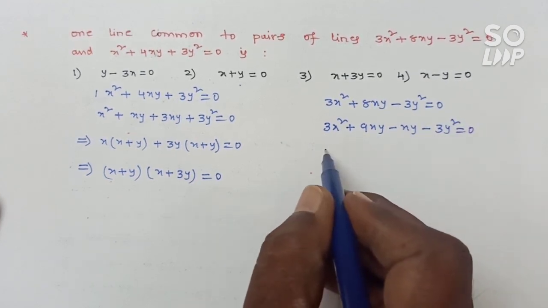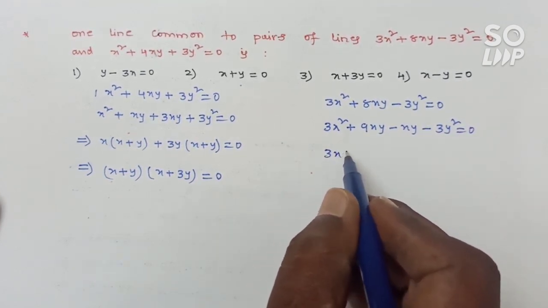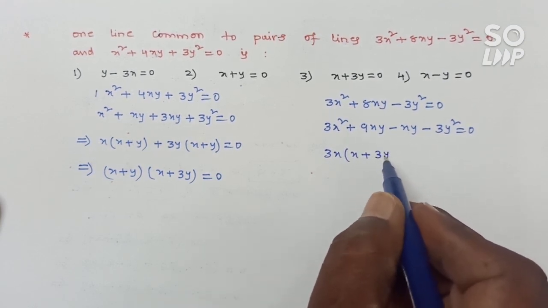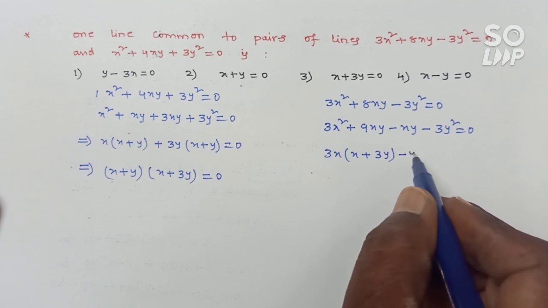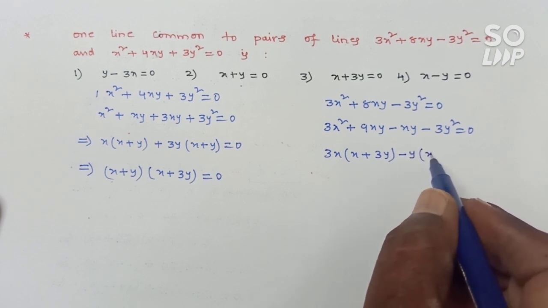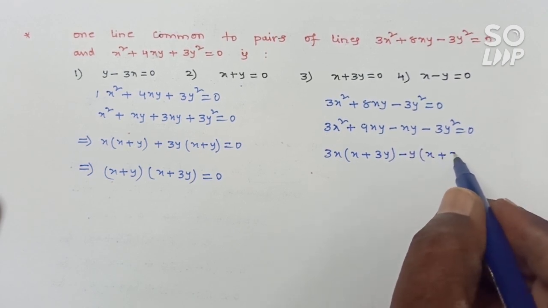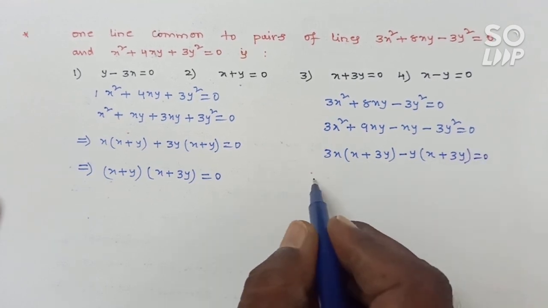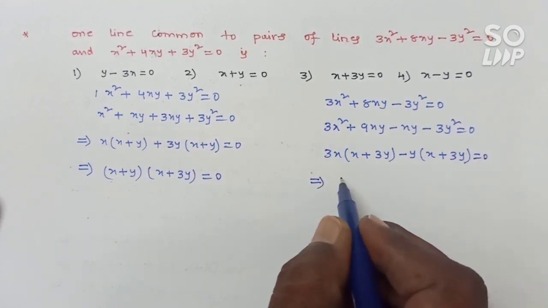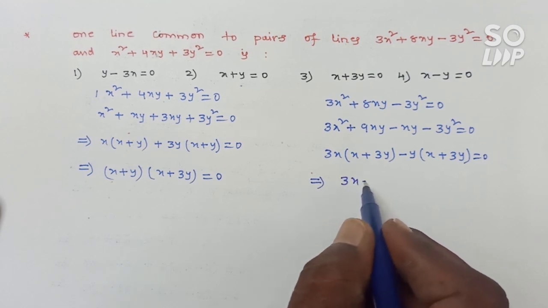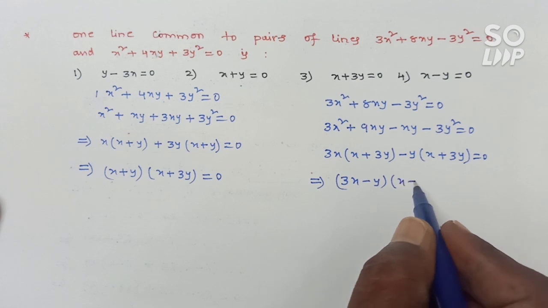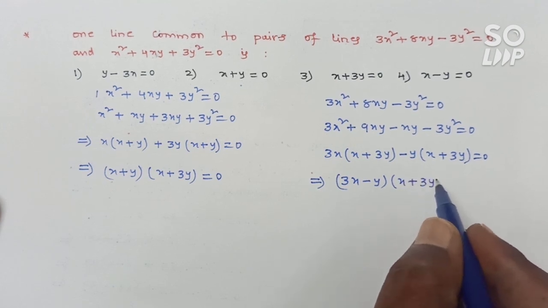Now in this one you take 3x as common, x plus 3y. Here you take minus y as common, x plus 3y is equal to 0. From these two you can write 3x minus y into x plus 3y is equal to 0.